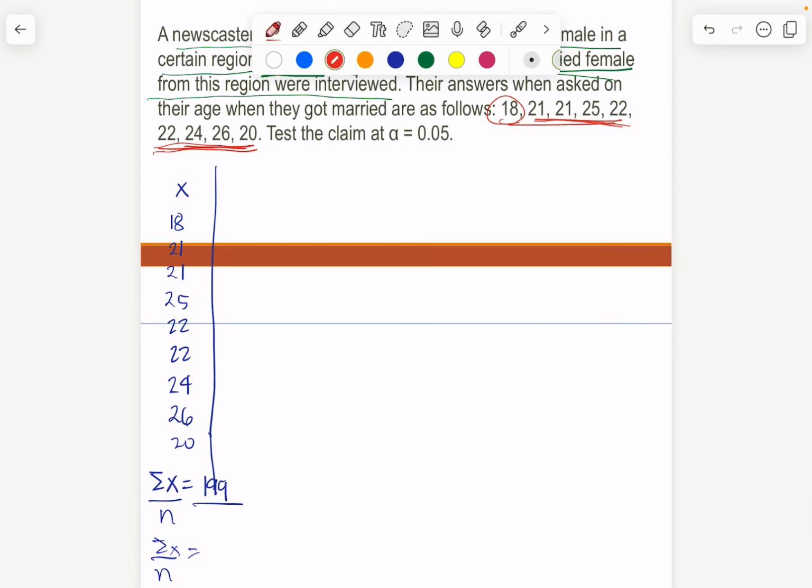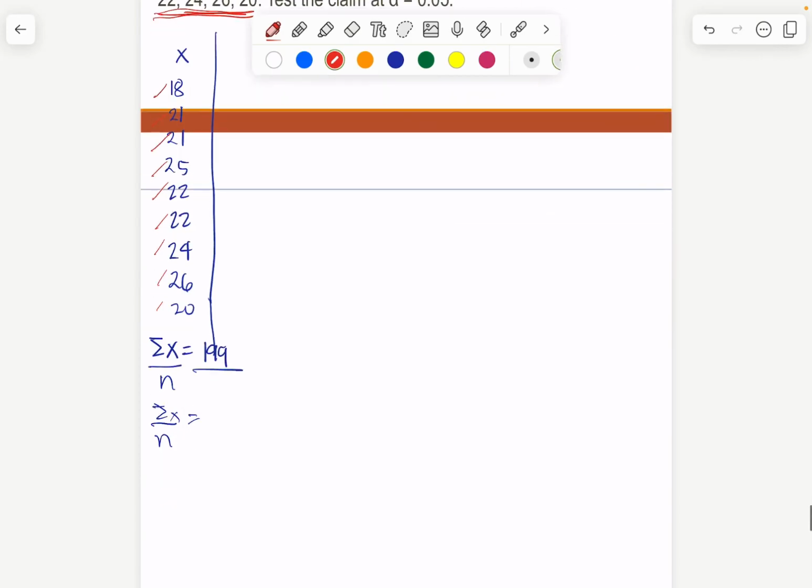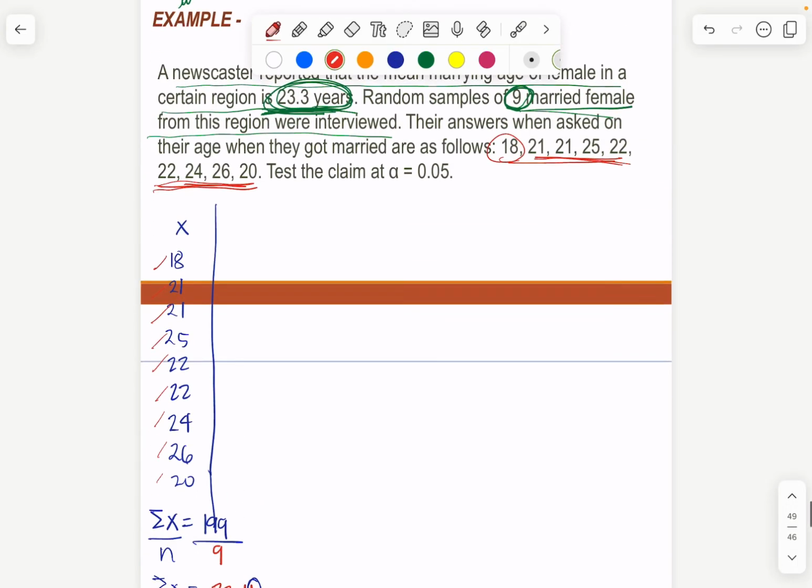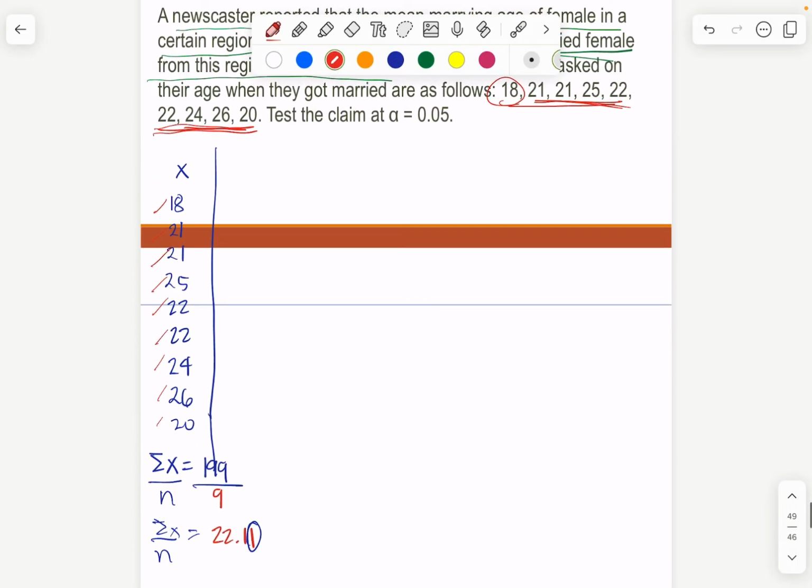So, i-ihap nato pila na kabuok. 1, 2, 3, 4, 5, 6, 7, 8, 9. So, that is 9. 199 divided by 9. That is 22.11. Okay, always round off to the nearest hundredths or 2 decimal places. Now, unsa may sunod buhaton? So, kay naa naman tay sample mean.